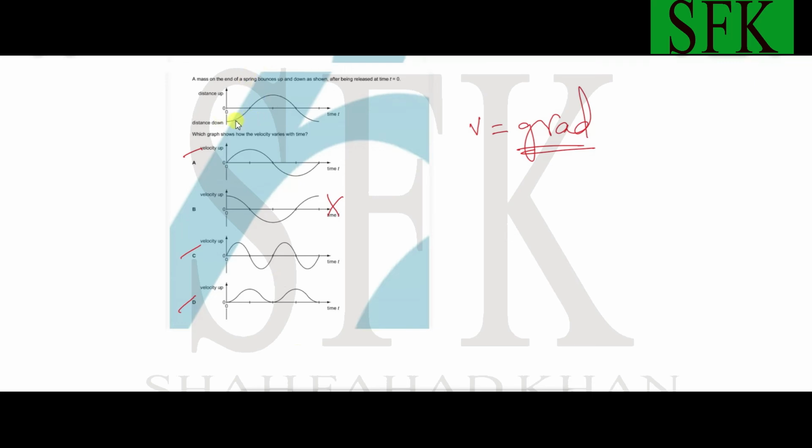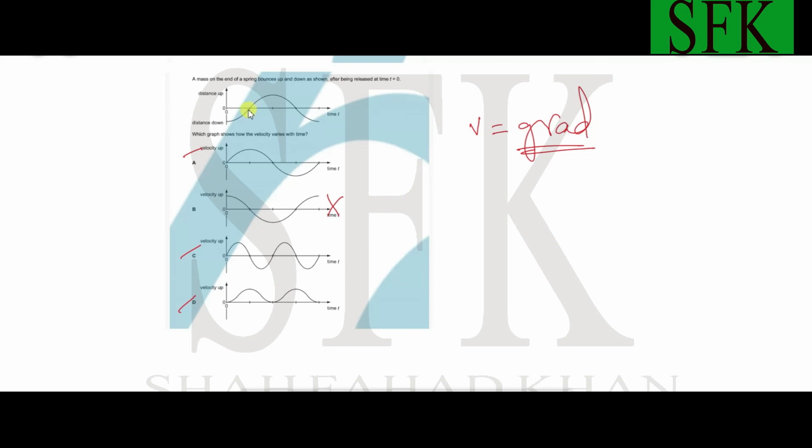The gradient initially was 0, then as time passes it increases and becomes maximum here. So the gradient has to increase and become maximum. In this case the gradient is increasing and becoming maximum too. Now let's go forward. The gradient is decreasing and becoming 0 again.